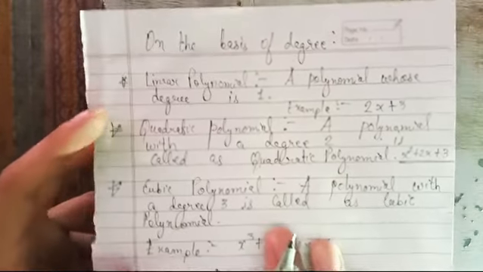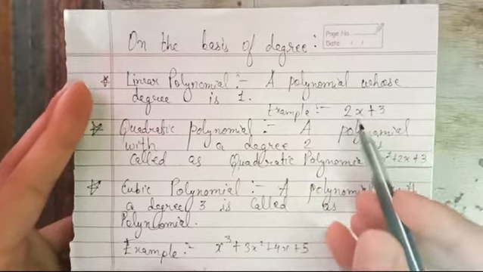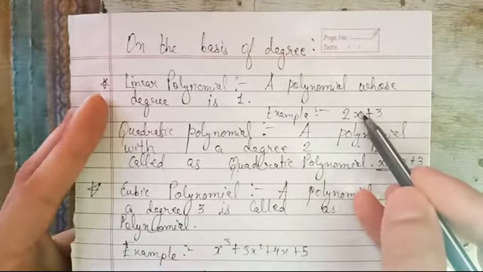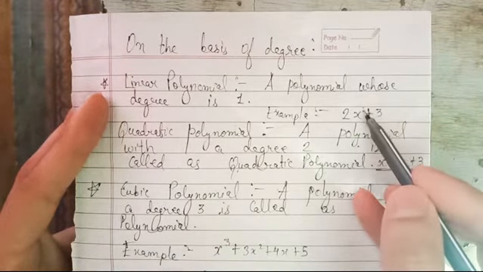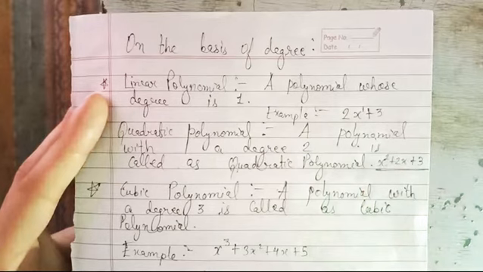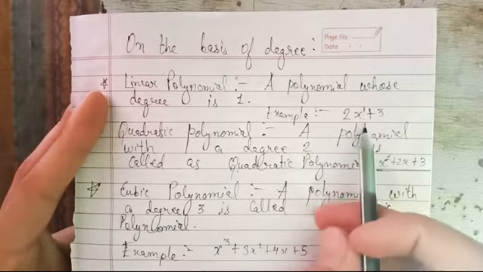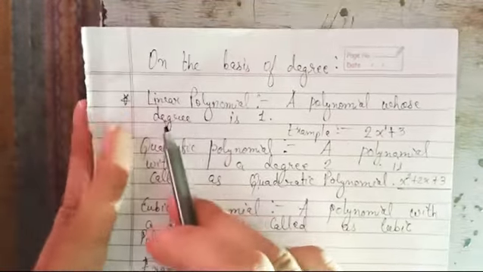Degree means the highest power or highest exponent of the variable. Here the variable is x, and its highest power is 1. Its degree is 1. So the degree of this polynomial is 1. So if the degree is 1, then it is called a linear polynomial.